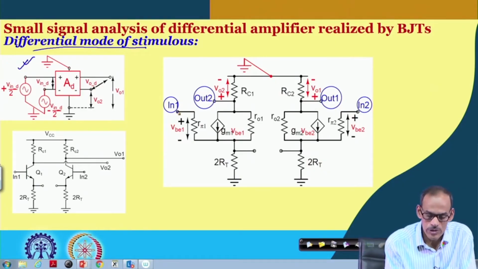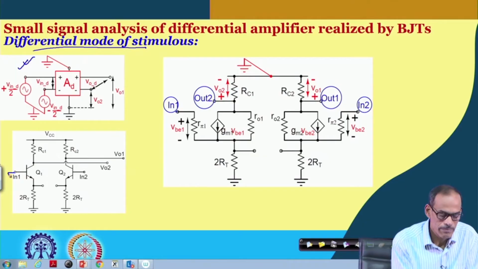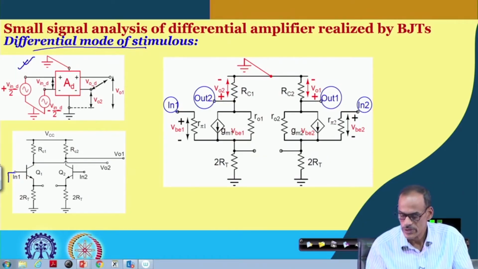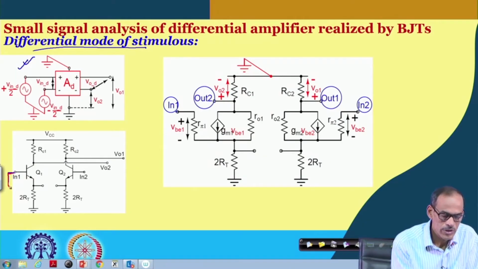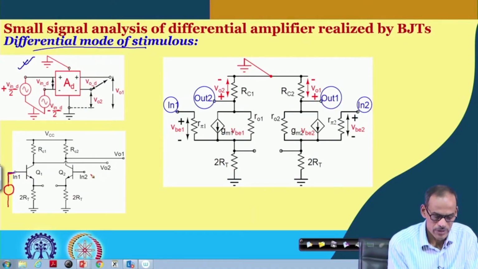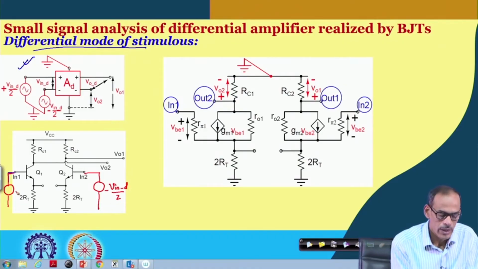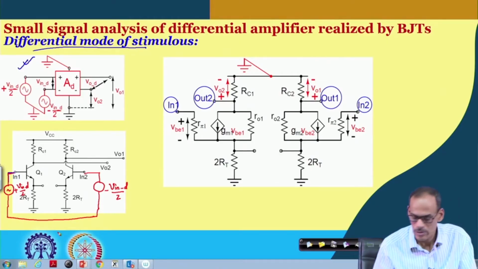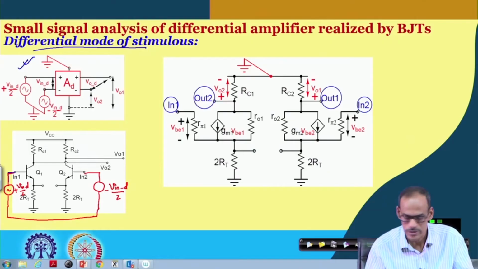So, we would like to put the signal, let me use a different color. So, we would like to put a differential signal here, perfectly differential, which means that here we put minus V in D by 2 and here plus V in D by 2, and both of them are with respect to a DC voltage.